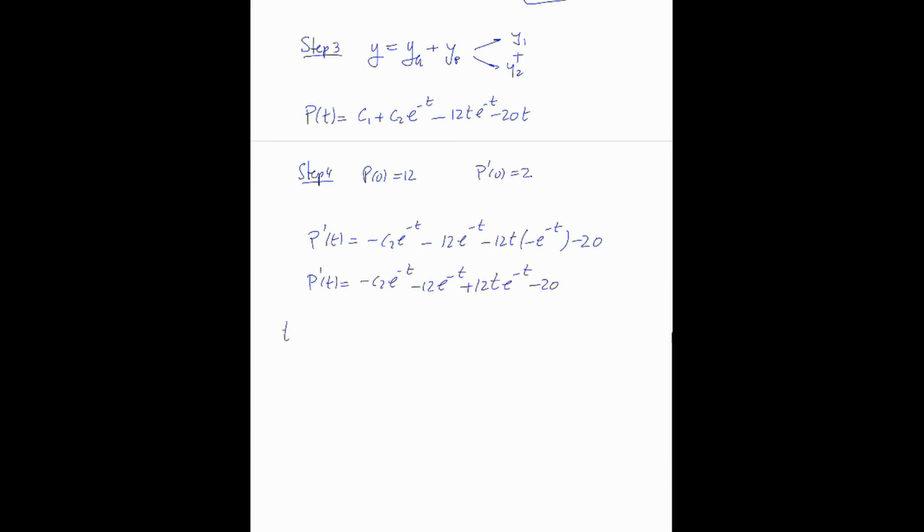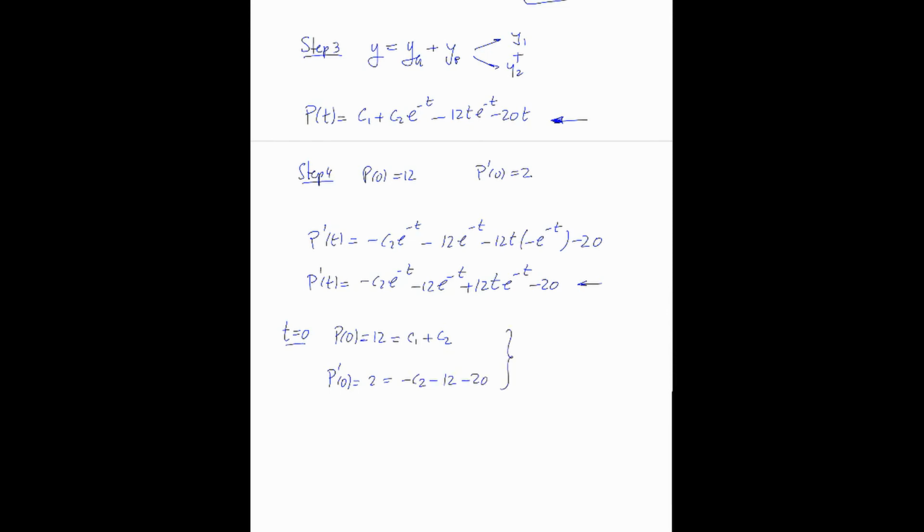Now we put t equals 0. P of 0 is equal to 12. And we go to the formula of p, which should be visible here. If not, you go to your notes. It will be c1 plus c2 e to the 0, which is 1, minus 12 times 0 minus 20 times 0. And p prime of 0, which is 2, is here, and is minus c2 e to the 0, which is 1, minus 12, plus 12 times 0, minus 20.